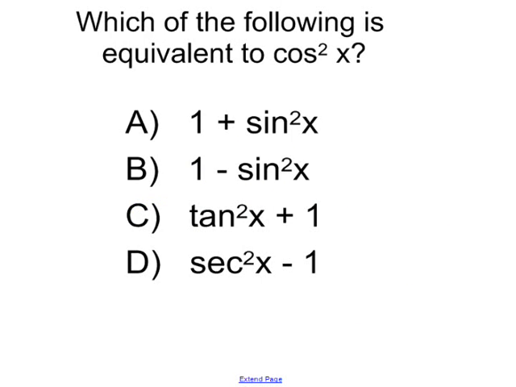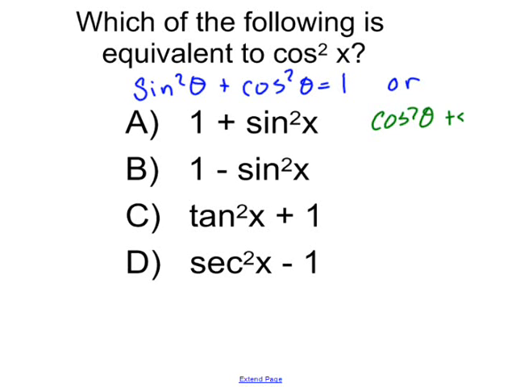All right, some other examples. We want to show which one is equivalent to cosine squared. So we start out with the idea that we know sine squared plus cosine squared equals 1, which is the same thing as saying cosine squared plus sine squared equals 1. So you could just go ahead and rewrite it and say cosine squared theta plus sine squared theta equals 1.